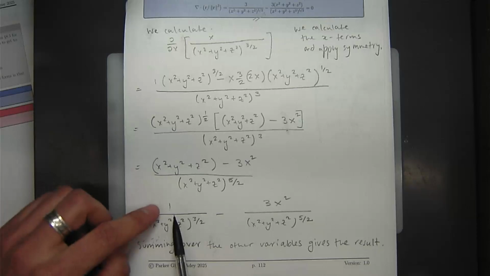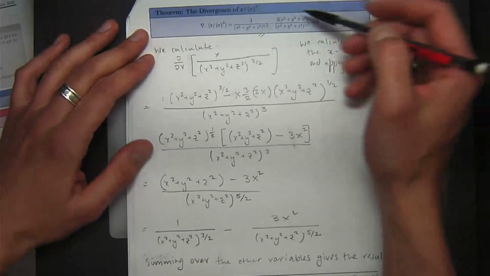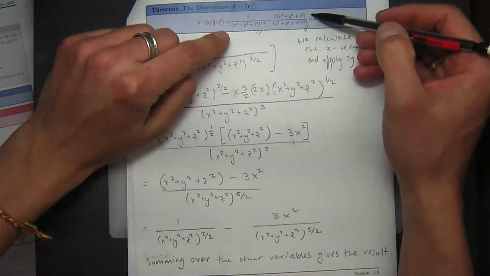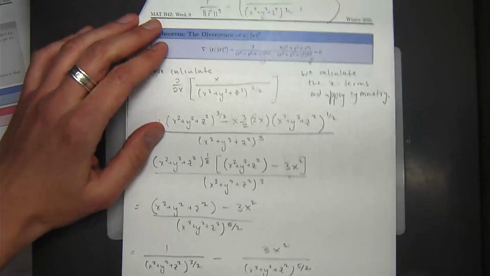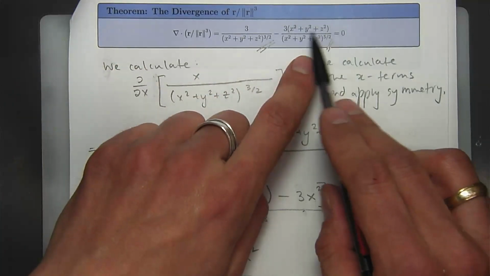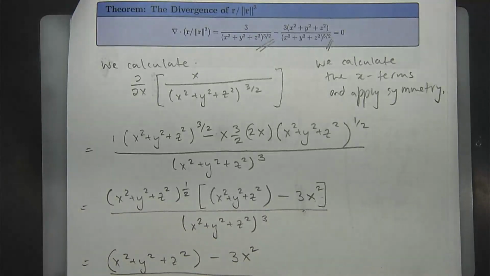So we get 3 copies of this term. We get an x squared, a y squared, and a z squared. That then gives us this guy. Good. And these 2 terms, these 2 guys are equal, right? If we cancel our norm squared on the top and bottom, we get 3 minus 3, so we get 0. Okay, so this vector field is divergence free away from the origin. Beautiful. Okay. Things people want to check on, ask about?